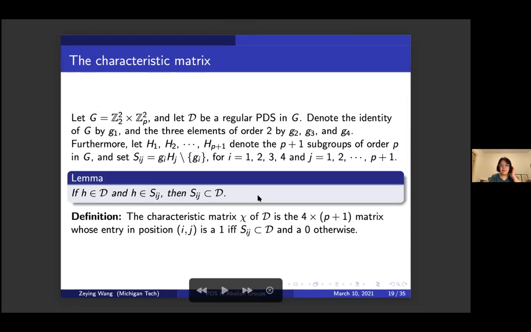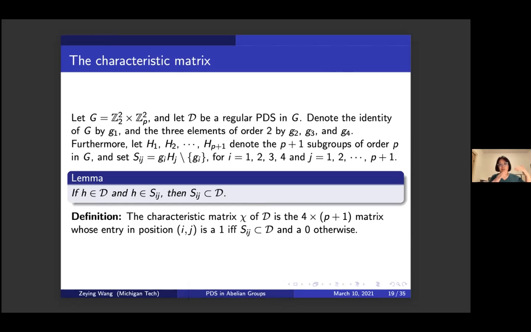Now, we came up with a completely new strategy. So far, we have only used it in this case. We use the elements of order 2 and the identity element as the index for the rows. So G1 is the identity element, and G2, G3, G4, so you have 4 rows. The columns are the subgroups of order p, so you have p plus 1 of them.